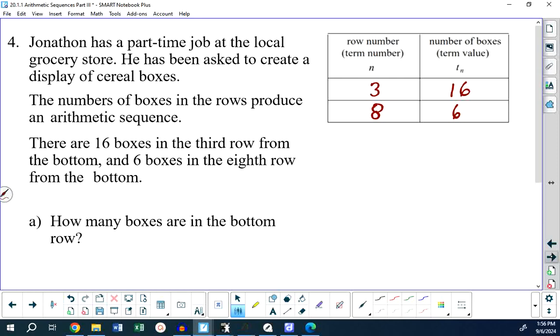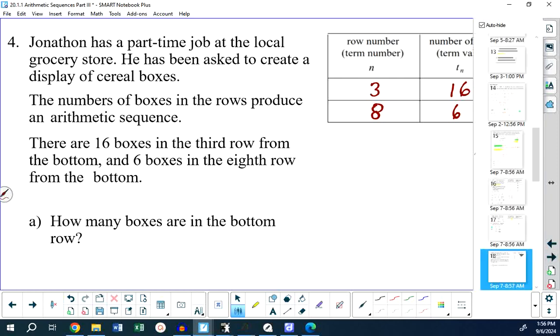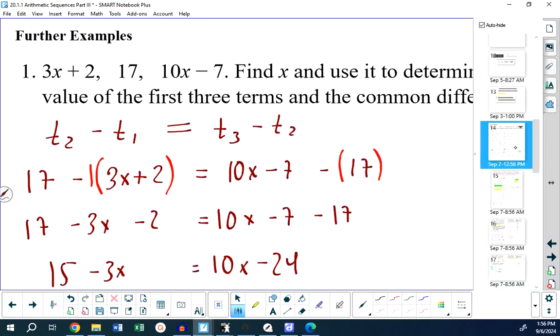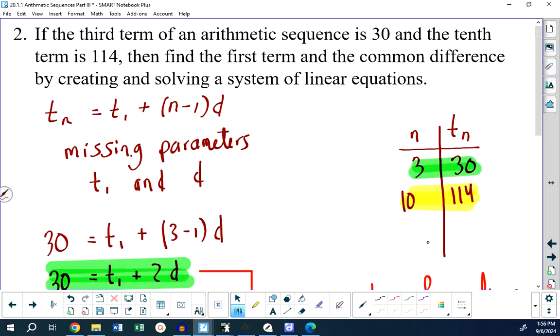So take a look at this question. Just take a look at the information you have in this question. I'll freeze it on the right-hand screen. And take a look at the question where I gave you this information and asked you to solve for the first term and the common difference using a system of equations. I hope you see that these are the same type of question.